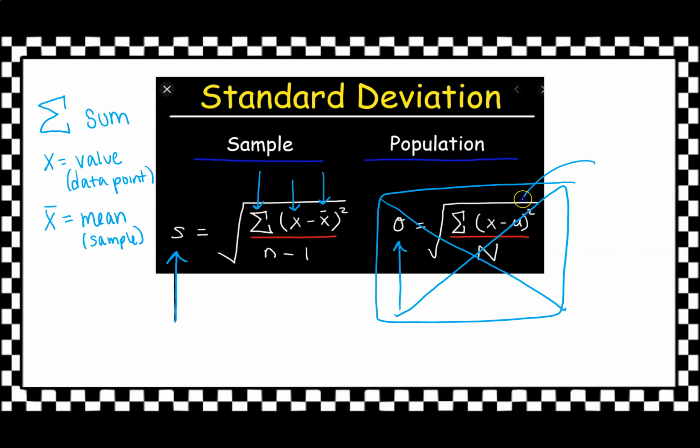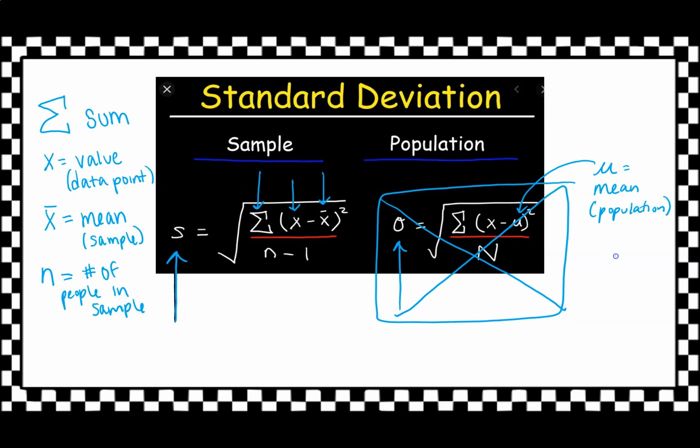Versus notice here, there's this symbol called mu, and mu actually stands for the mean of the population. Kind of a slight difference, but it makes sense. Next up, we've got n. n stands for the number of items or people in your sample size.